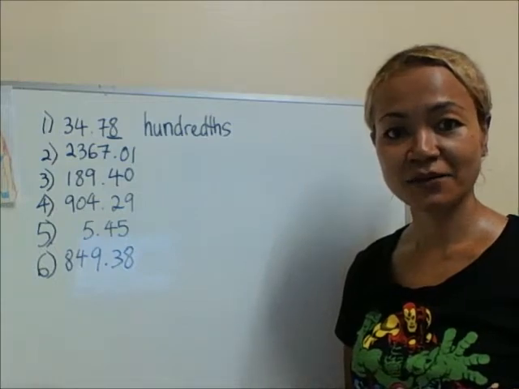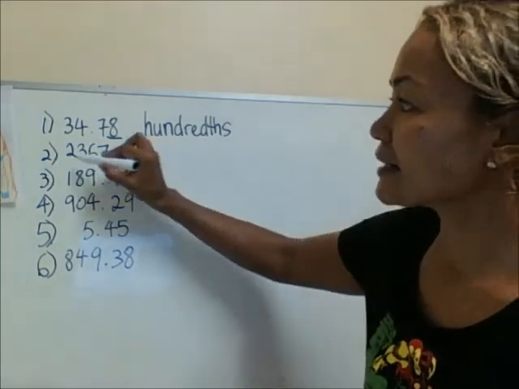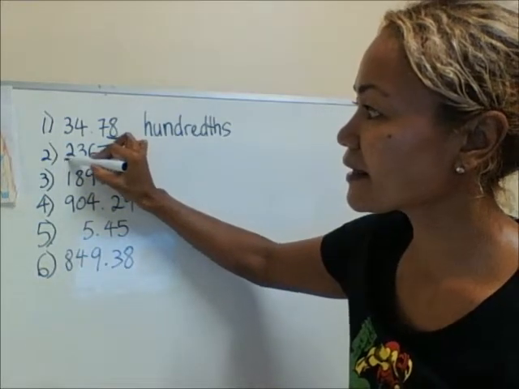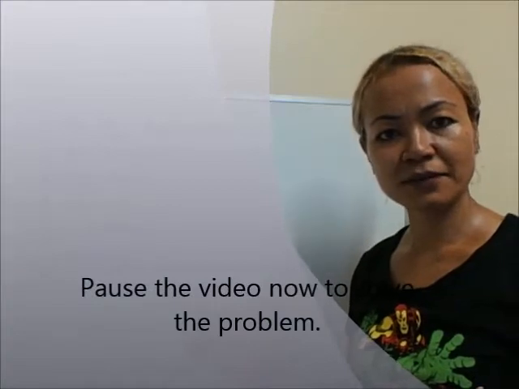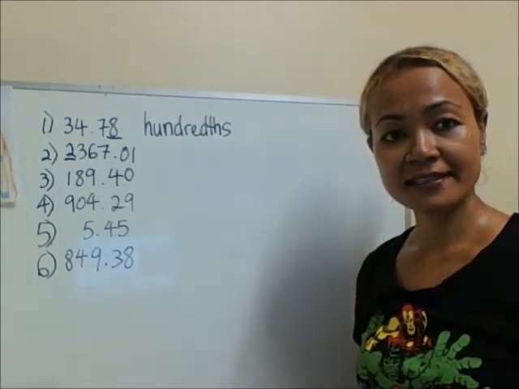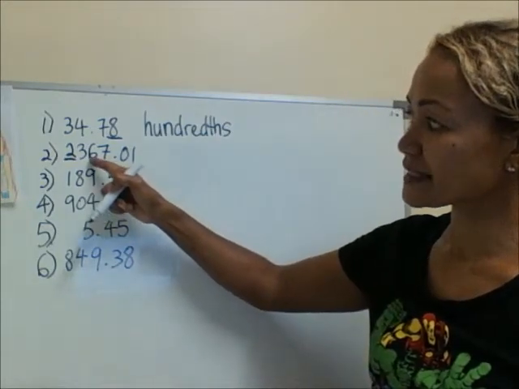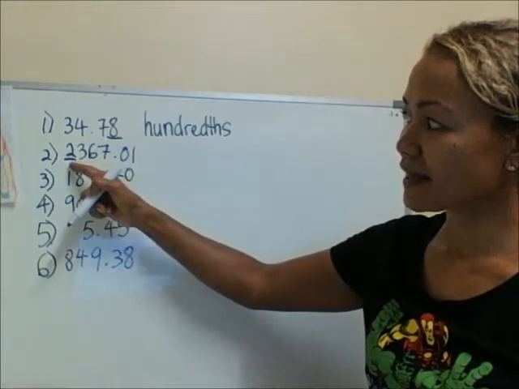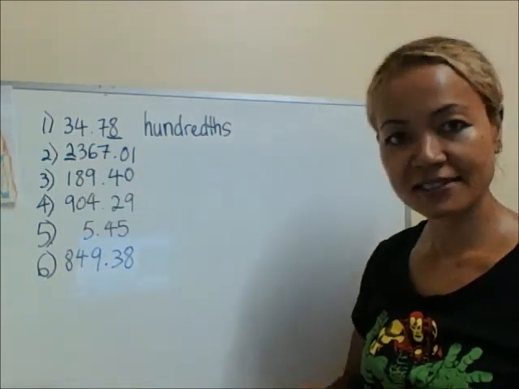Okay. The second question is underlining the 2. That's not so hard because you would know that from before you met decimals. And that is in the thousands column, because that's the ones column, that's the tens, hundreds, thousands. Not with a TH on the end, just straight thousands.